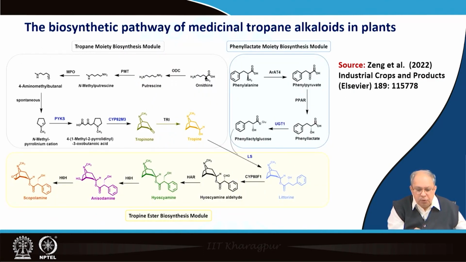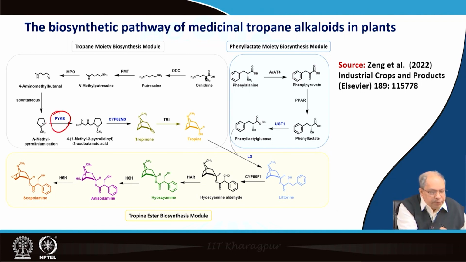There are 4 genes they have considered here. In the first case they took the polyketide synthase, which converts N-methylpyrrolinium to the intermediate MPO, and the second one is the cytochrome P450, which converts MPO to tropinone.